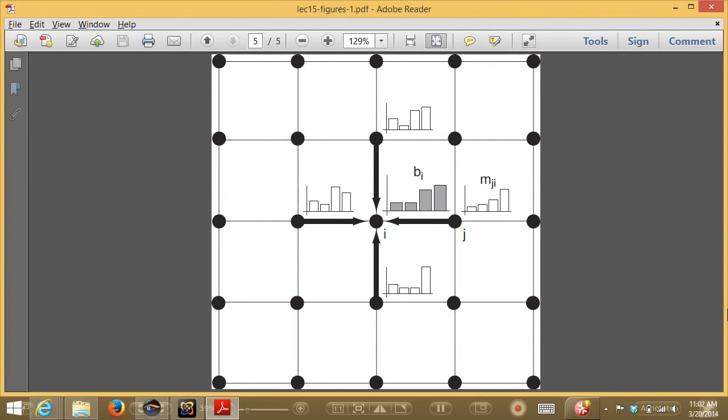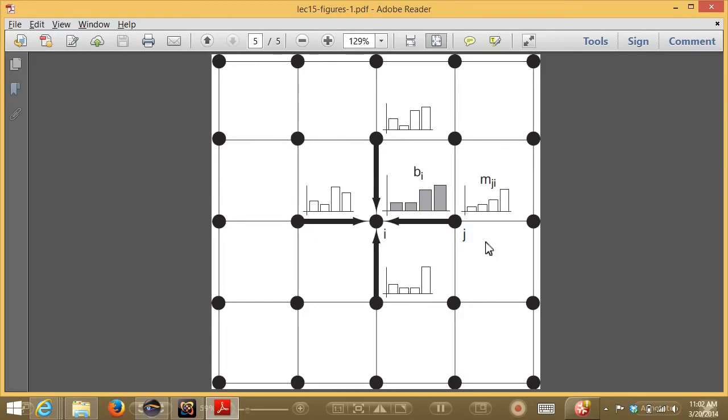At every pixel, I have an estimate about what my disparity should be. Think about that like a probability mass function of disparity values. So this is my current belief about what my disparity could be. I have high probability on the large end and low probability on the small end. Then I solicit information from my neighbors: hey, you guys, what do you think my probability of these disparities should be? Those guys send me some information. I fuse all that information into a new estimate for what I should be, and then I broadcast out to my neighbors, hey, now this is what I think you should be, right?